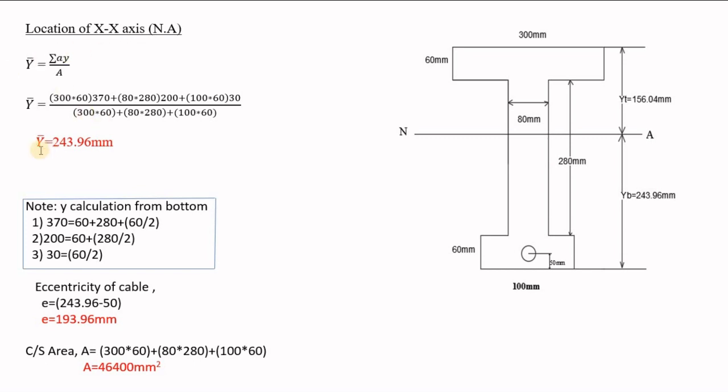So let's start with the calculation. Always remember when it is a symmetrical I section, the neutral axis will be exactly at the center, or overall depth by 2.